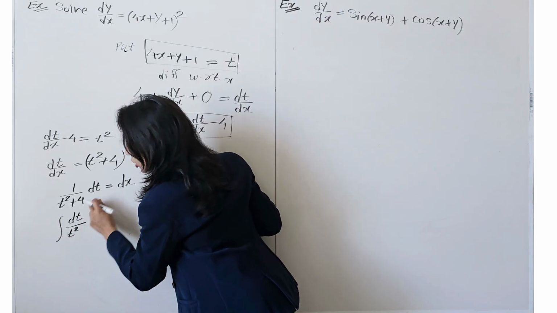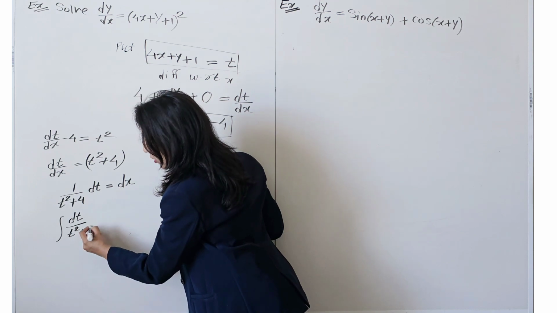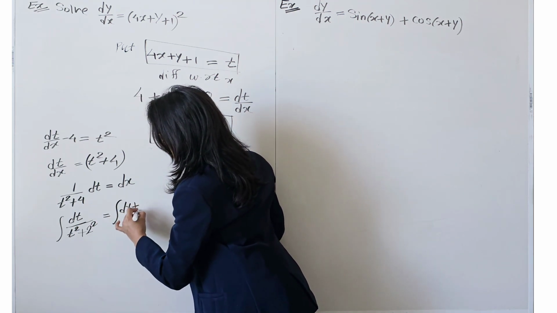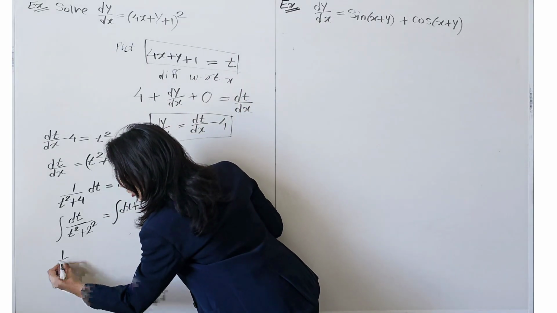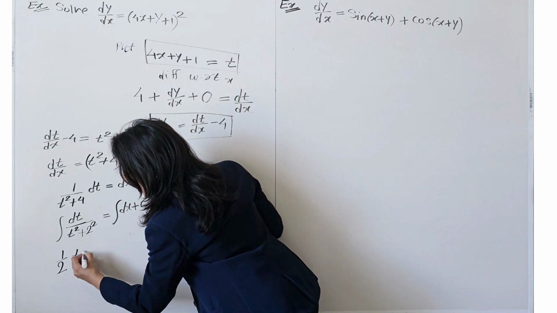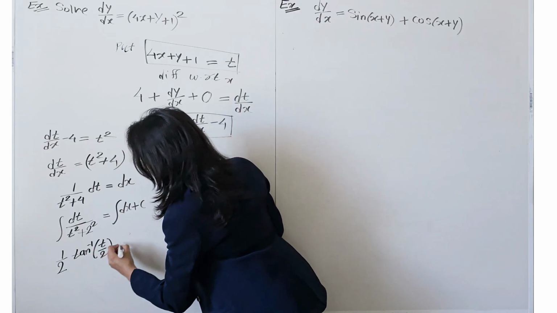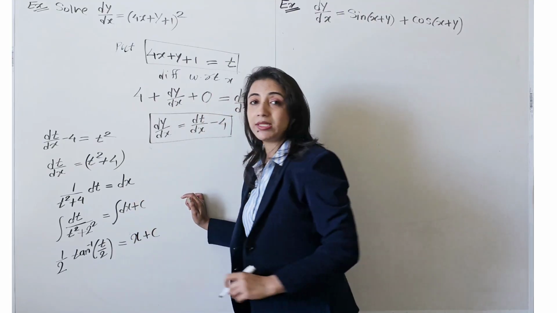So you will get the integration of dt divided by t square plus 2 square equal to the integration of dx plus the integrating constant c. Now the integration of the left side is a standard formula: 1 upon 2 tan inverse of t by 2 equal to the integration of dx, which is x plus the integrating constant c.